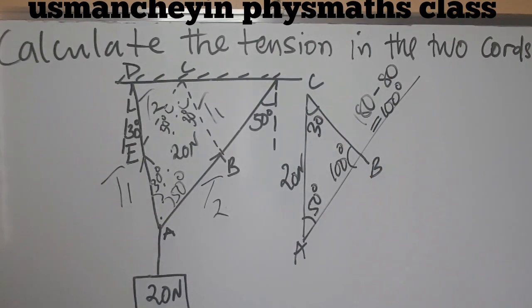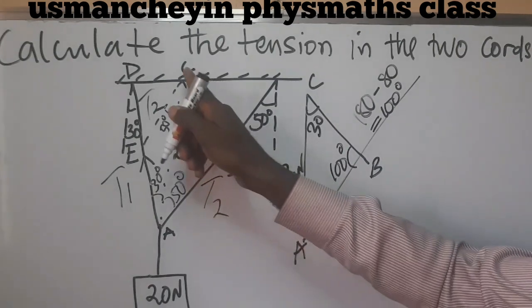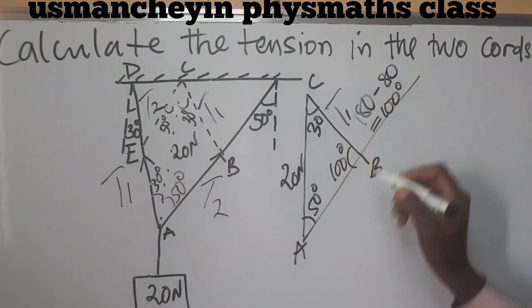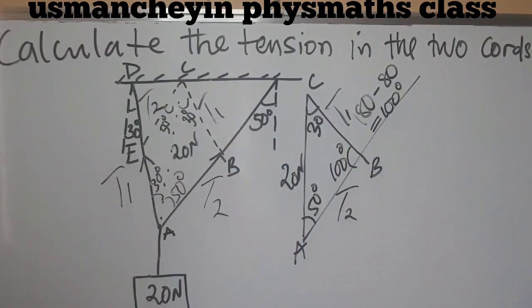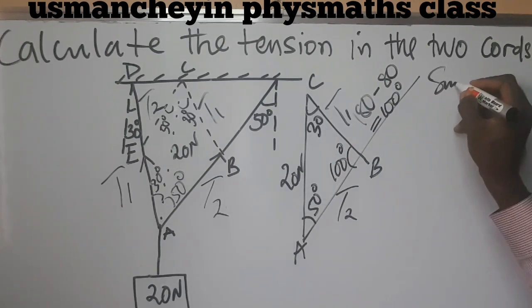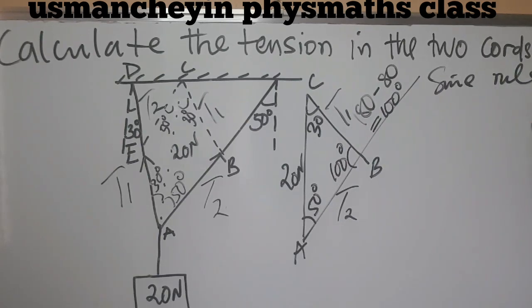So now that we have obtained this, our aim is to look for T1 and T2. But where is T1? This is T1, that is the line between CB. So we have our T1 and this should be our T2. So let's calculate T1. To get T1, we must use what we call the sine rule.